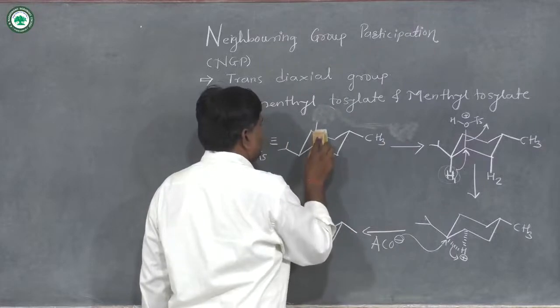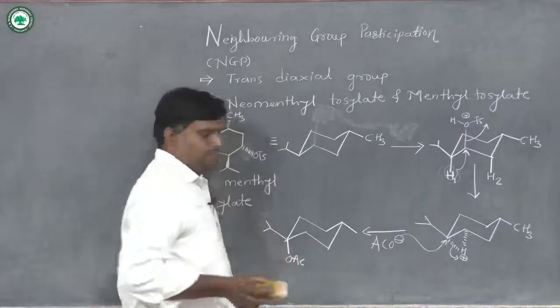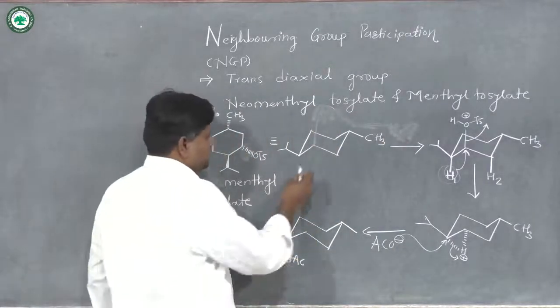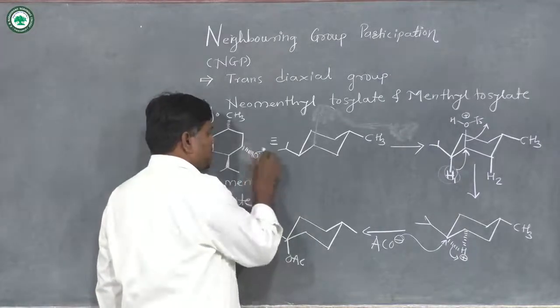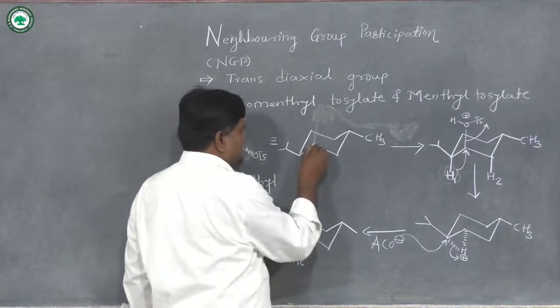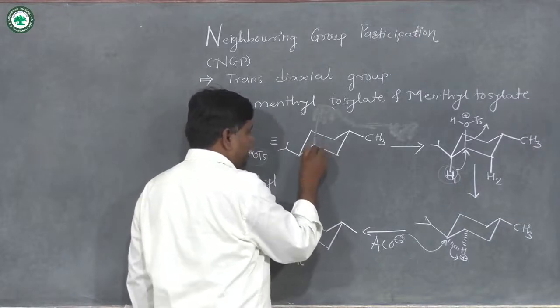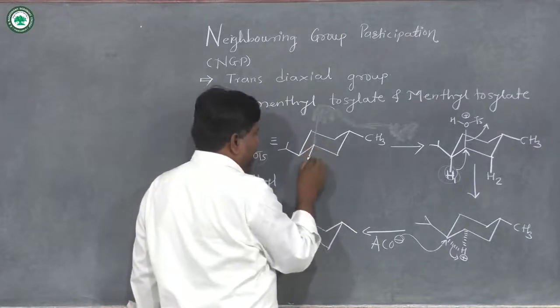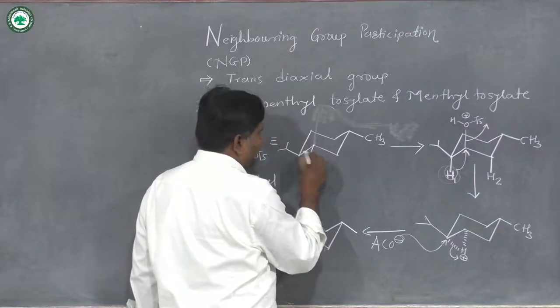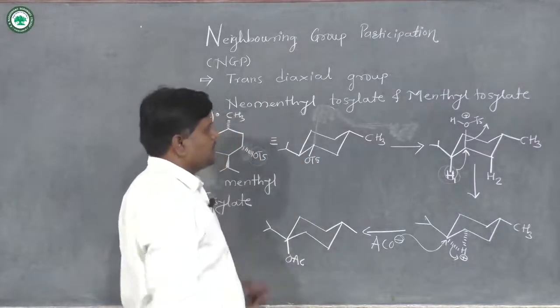So this dotted bond shows the substituent must be present at the alpha equatorial OTs, okay.